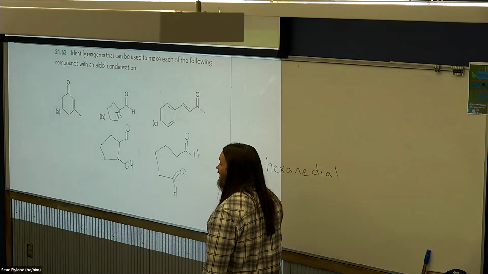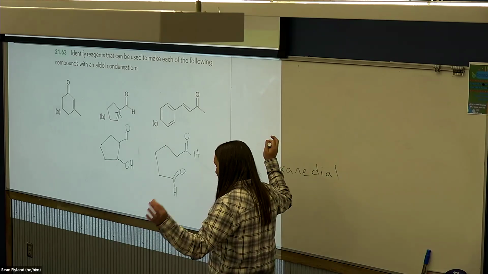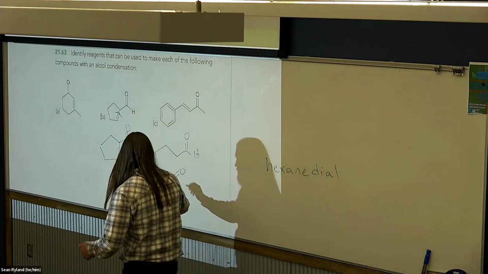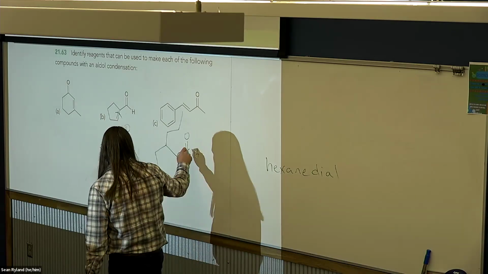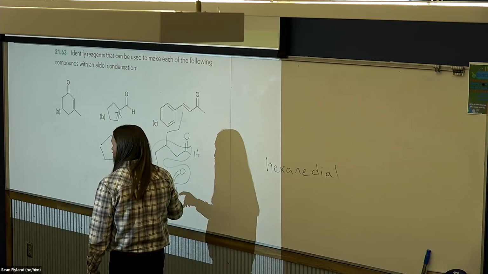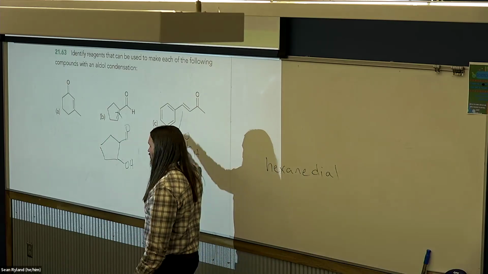So diol will never have numbers associated with it, because you're defining the start and the end of your chain by where the aldehydes are. Even if there's other stuff going on over here, as long as we're going to use this as our parent molecule. Hexane diol has these numbers, we just need to specify what the propyl group is.